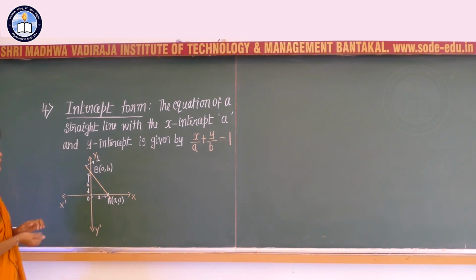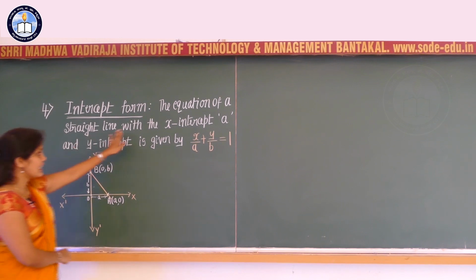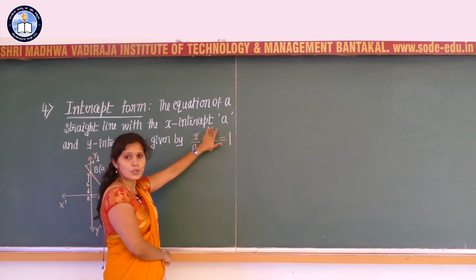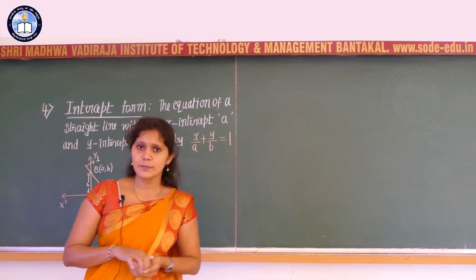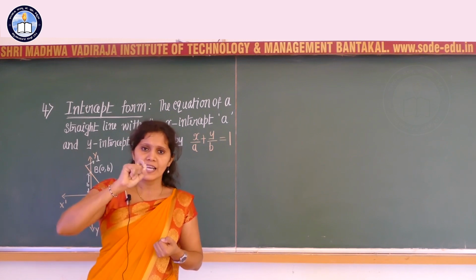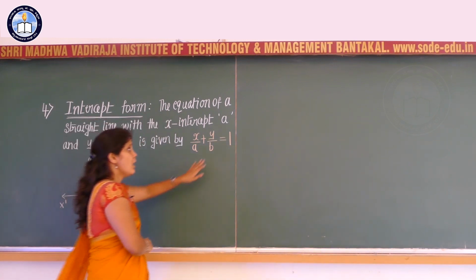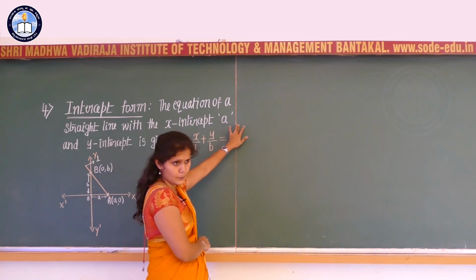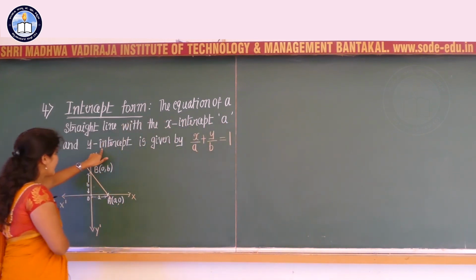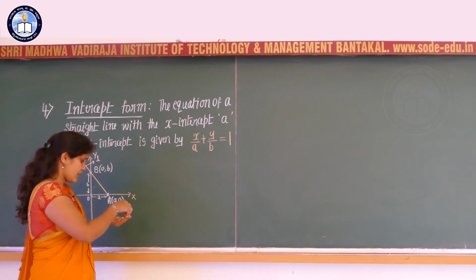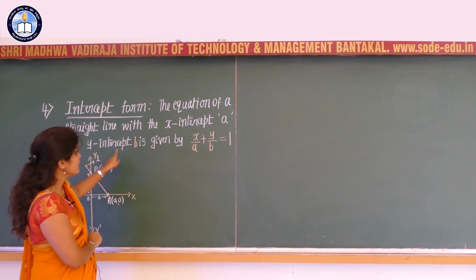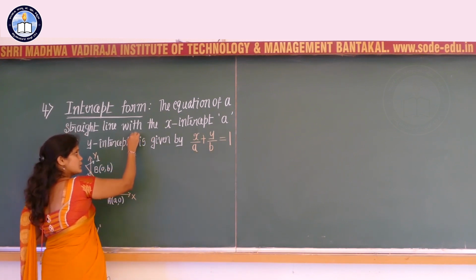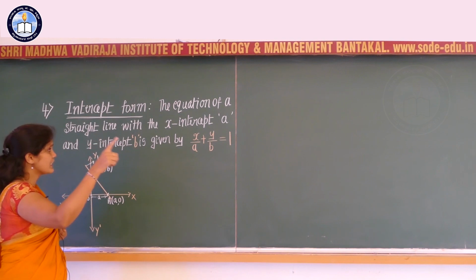So now here the given data: the equation of a straight line with the x-intercept A. What is meant by x-intercept is A? X-intercept is A implies that the line passes through the point ordered pair A, 0, and if the y-intercept is B, then the line passes through the point ordered pair 0, B.